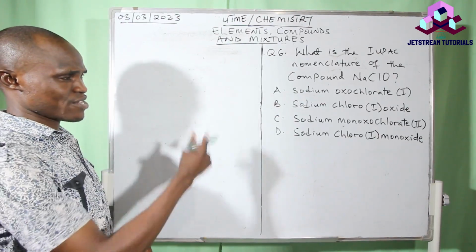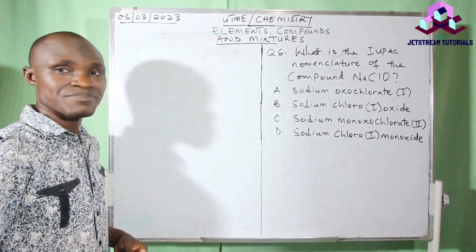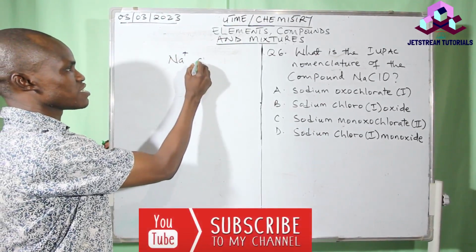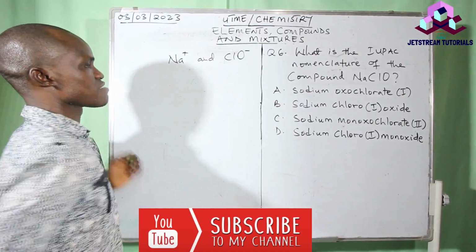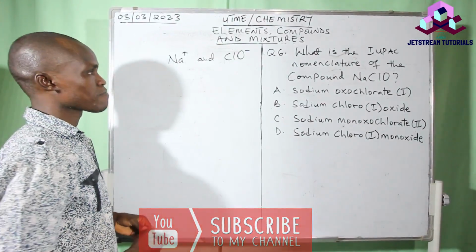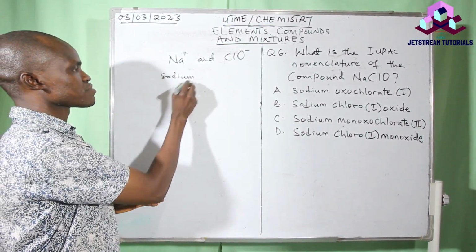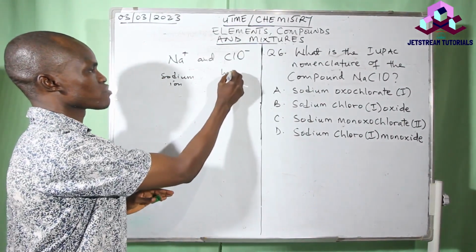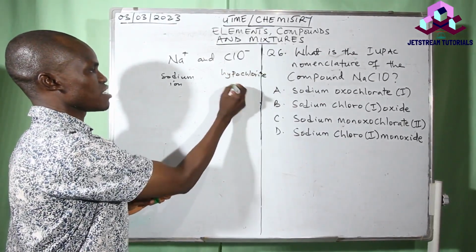Okay. Now, if you look at the compound itself, you know that the compound contains a sodium ion and this very particular radical. So this is the sodium ion and this is the hypochlorite ion.